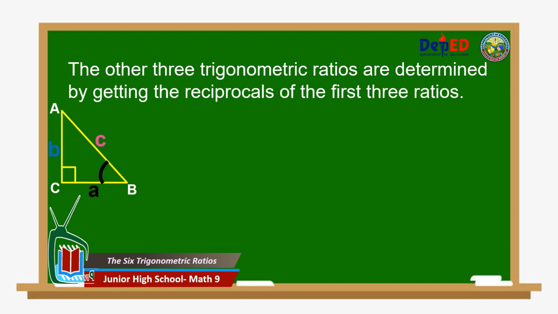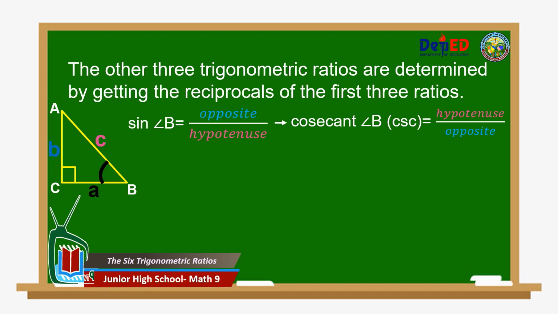The other three trigonometric ratios are determined by getting the reciprocals of the first three ratios. For sine, which is opposite over hypotenuse, its reciprocal is cosecant. When we say reciprocal, that is interchanging the positions of the numerator with the denominator.